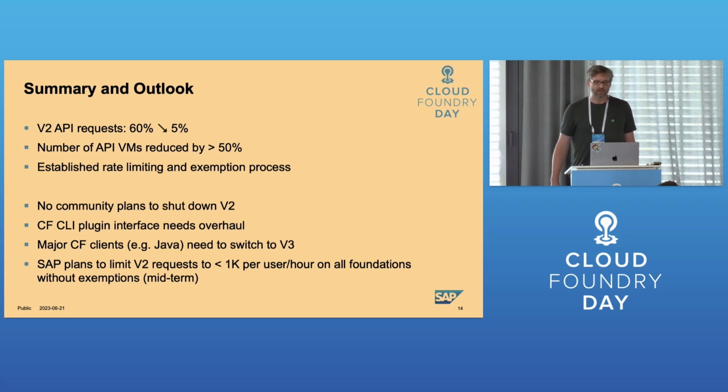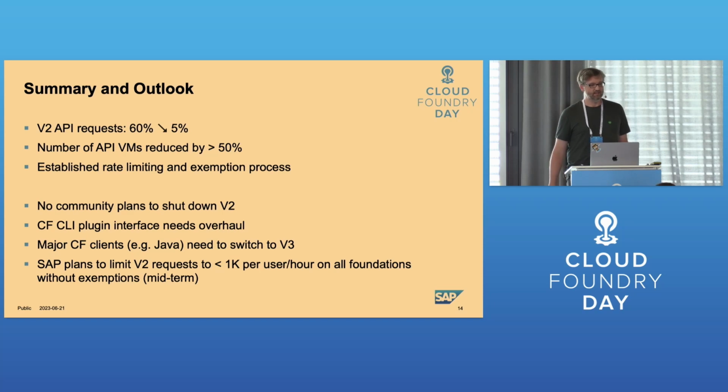We started some discussions, but currently it's open who's going to drive this topic. The other part is there are CF clients, like the Java client, that still need to move to v3. SAP is willing to contribute, but also depends on the community to get pull requests accepted and so on.